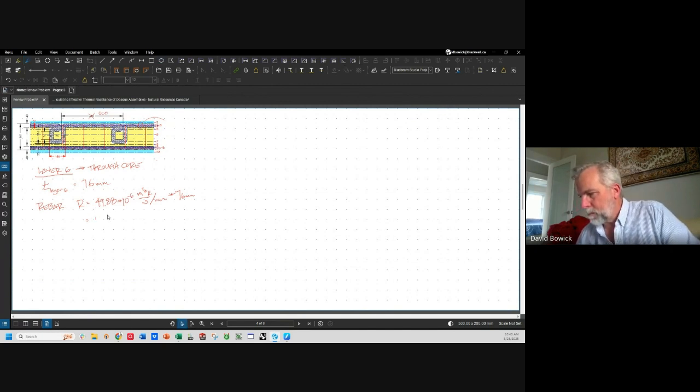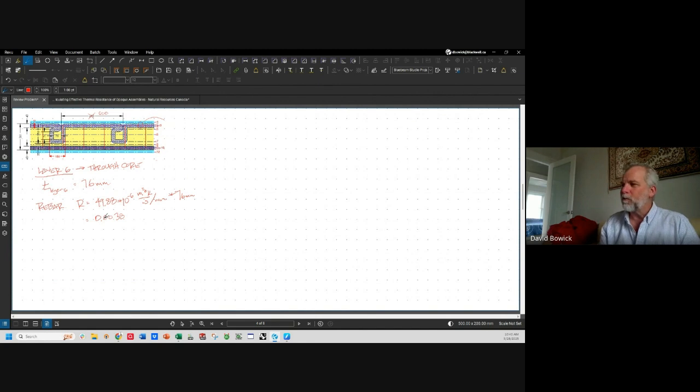That's 0.0038. Remember when I told you that the imperial units are just more convenient? When we work with metric units, this is too often the case.